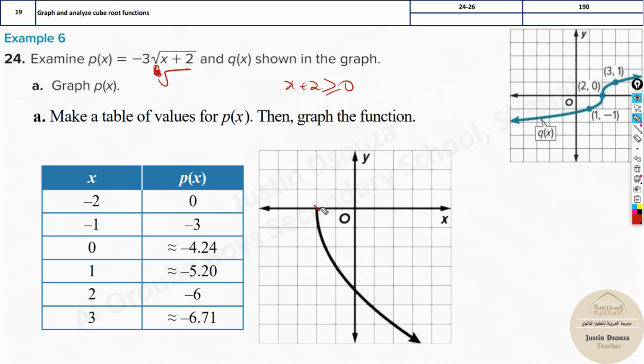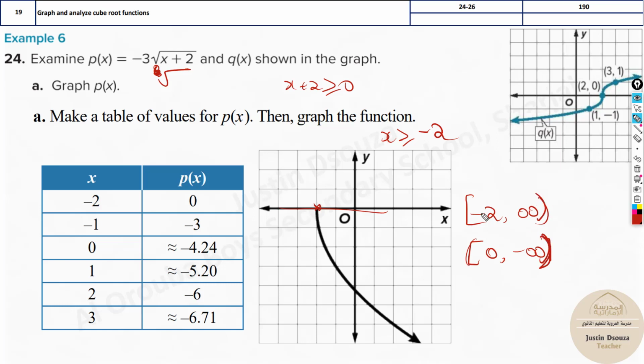So here the domain is all possible values greater than or equal to minus 2. That means minus 2 is included, comma, positive infinity. This is the domain. What is the range? Since it's minus, it is all negative real numbers. That is from 0, 0 is included, till minus infinity. This is the range.